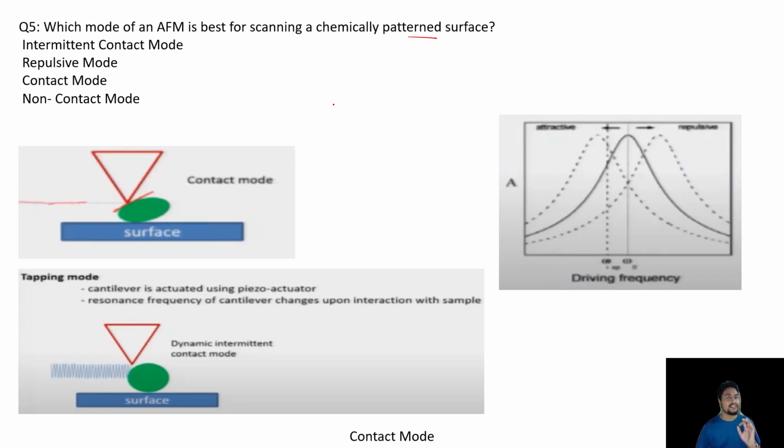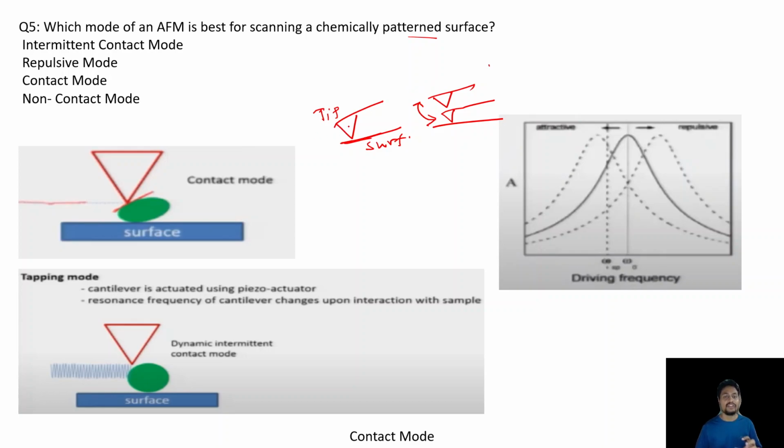But if we want to get great details of the surface, then obviously, the contact mode is always contacting the surface. This is the surface and this is the tip. In contact mode it is always in contact, and in intermittent contact it is sometimes there, sometimes not. So overall picture quality is great in this, and there is no chance of degrading the sample or breaking the tip.